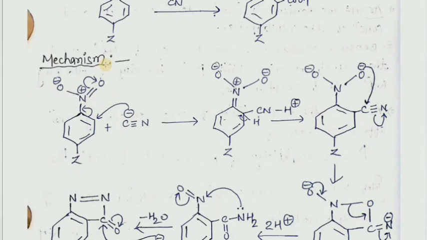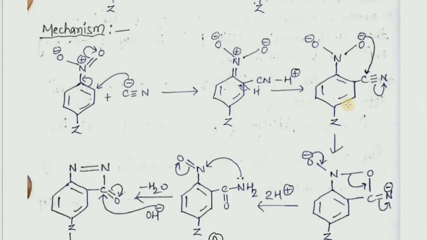So perhaps this nitro is more electron withdrawing as compared to this Z. So cyanide will attack at either of the ortho positions and get attached. Shifting of electrons takes place as per the sequence given here. So this intermediate species is formed, and this species gets aromatic character by the elimination of one H plus. It again forms the aromatic ring.